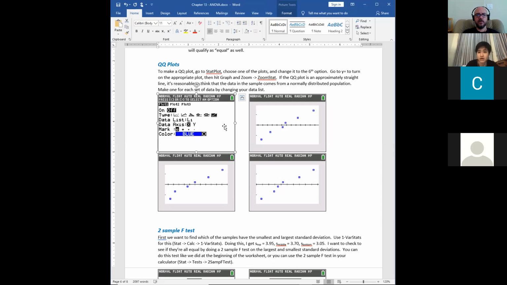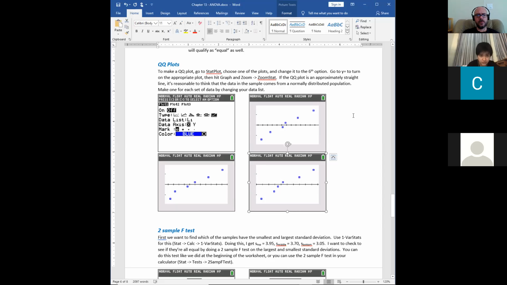So plot 1 is our L1, the way I've got it. You can change plot 1 to be whichever list you want. So this is the one I did when I did L1. You can see it's a different plot. All I did was change the data list to L2 for this one, and I changed the data list to L3 for that one.